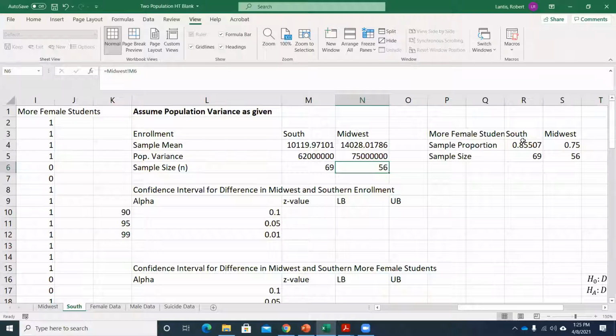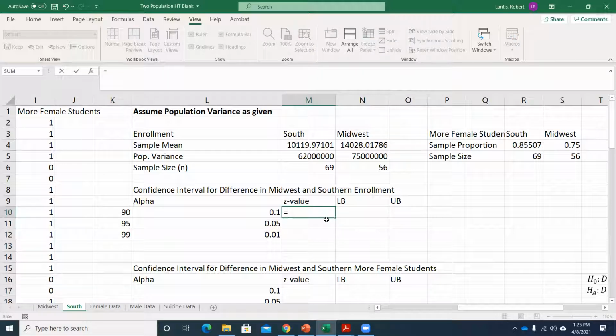So ignore this stuff for a second. We're focused on this today. Let's do a confidence interval for what the true difference in the mean Midwest and Southern university enrollments is. I've got the three alpha values that correspond to the 90, 95, and 99% confidence levels. If we remember, how would I find this Z value?